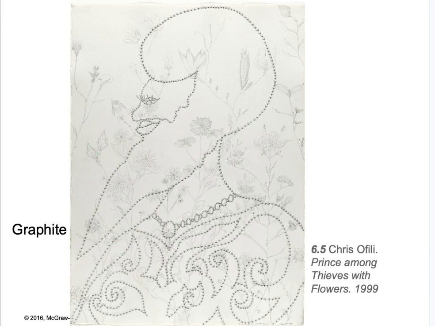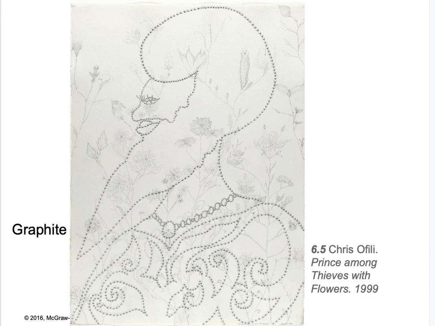This would be an example of a contour line drawing, though it's not done with just a simple line. It's dots that create the contour of this prince. But each little dot has been done in a way that makes it appear to be three-dimensional. It has a shadow and a highlight, so they look like beads.